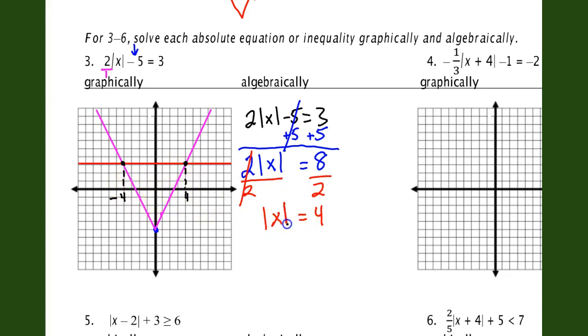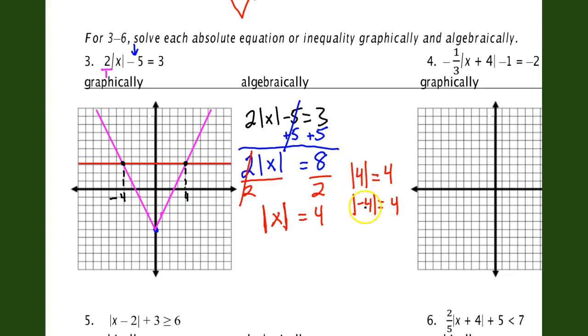So remember, absolute value does two things to the number. So if it's a positive number, right, if you take the absolute value of a positive number, you get that same positive number back. If you take the absolute value of a negative number, you still get a positive number back.